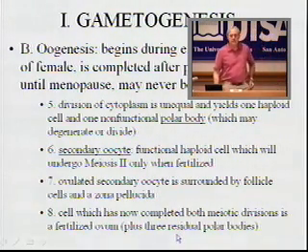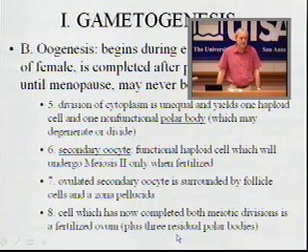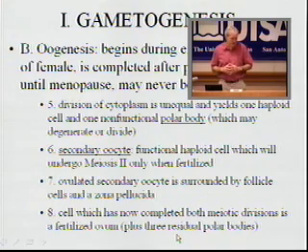Remember that upon fertilization, there's really no opportunity for the cell to create new cytoplasm and new energy stores and things like that. So everything has to be there in the cytoplasm of the ovum.